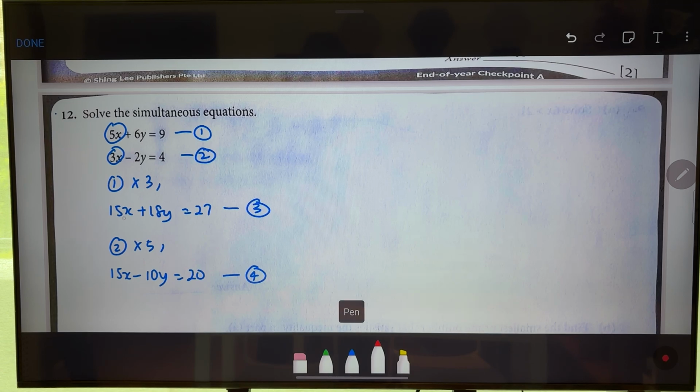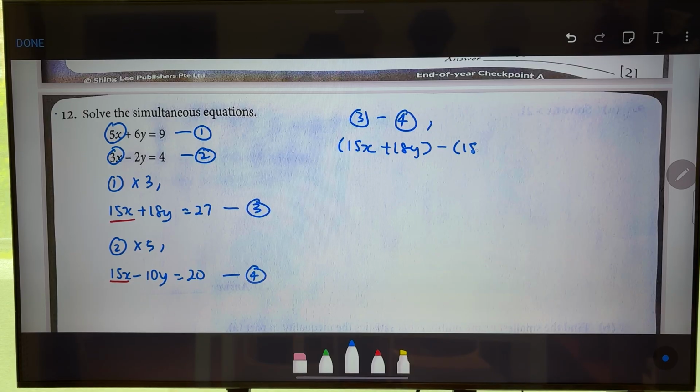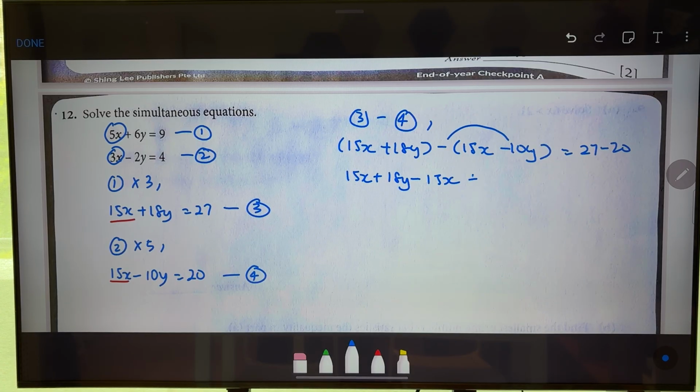So now with these two terms, we add or subtract? Subtract, right? So 4 minus 3 or 3 minus 4? 3 minus 4. So 3 minus 4, 15. Okay, so when we remove the brackets, be careful: when we multiply out, we'll get a plus 10y, 7.